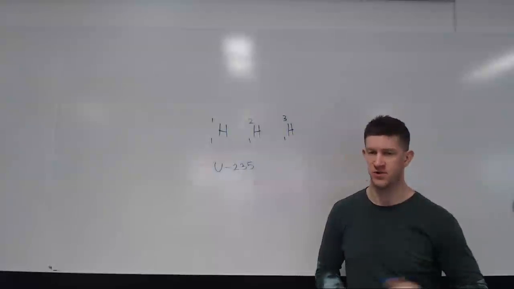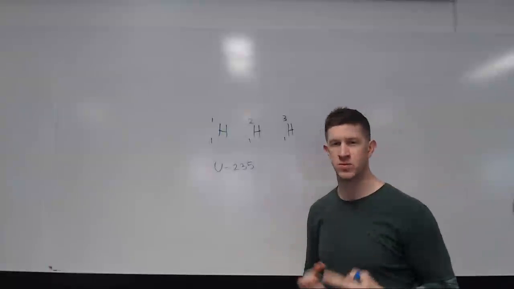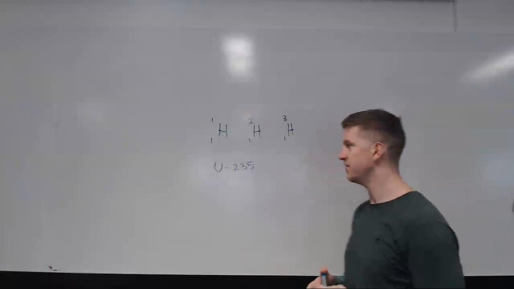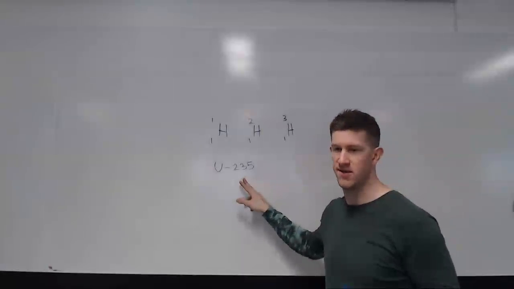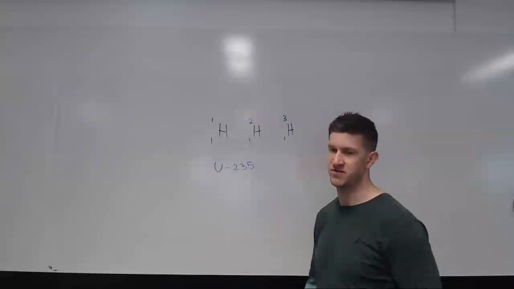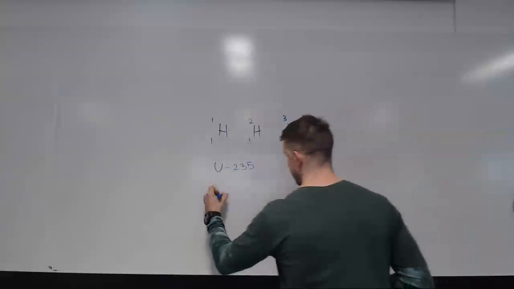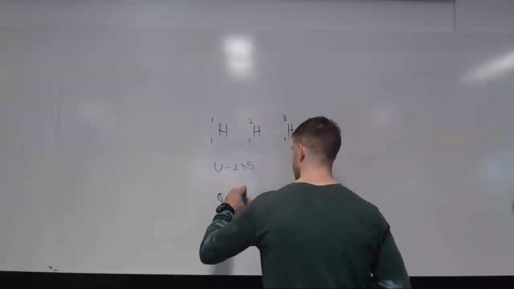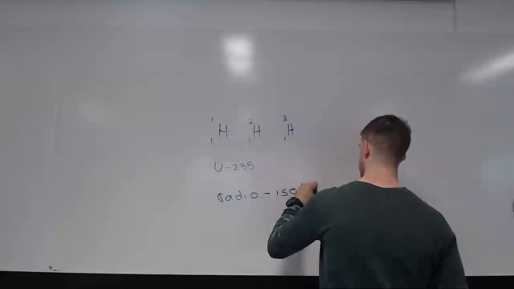If we add enough neutrons and we just keep packing it in and packing it in, the glue just gets weaker and weaker. So suddenly it becomes more and more unstable. And when we get to a point where we've got an isotope that is radioactive, that it actually breaks apart and gives off radiation, that's what we call a radioisotope. So the name kind of spells it out for you. Radioisotope.